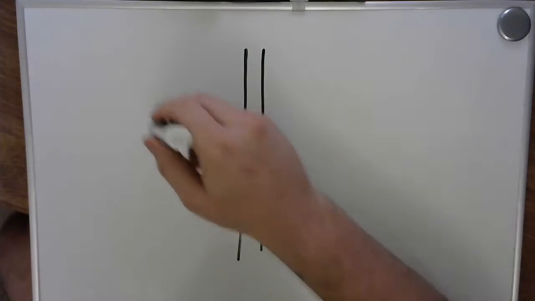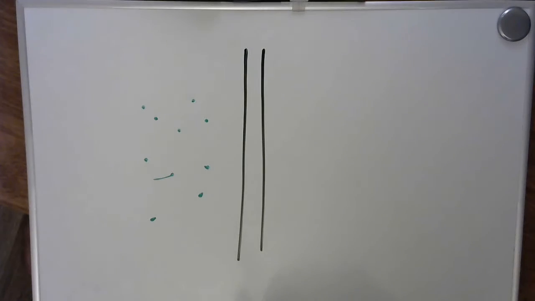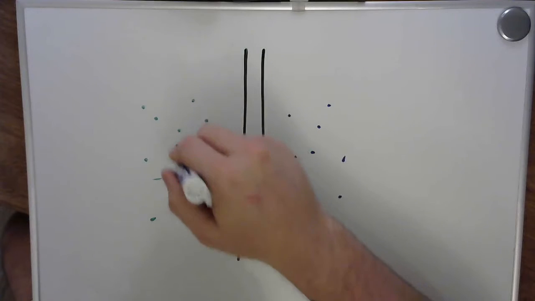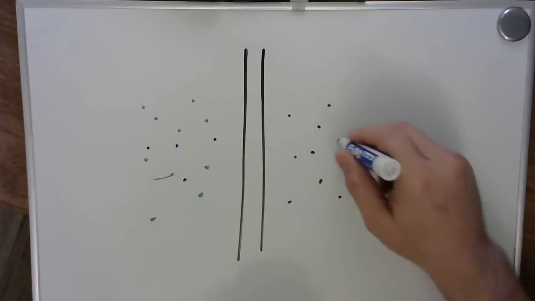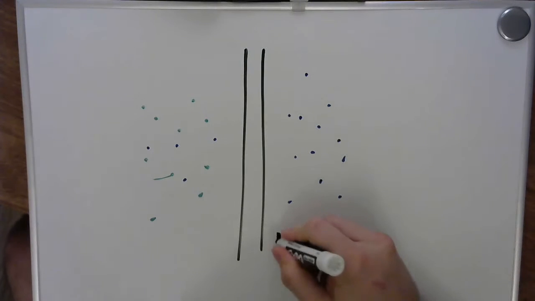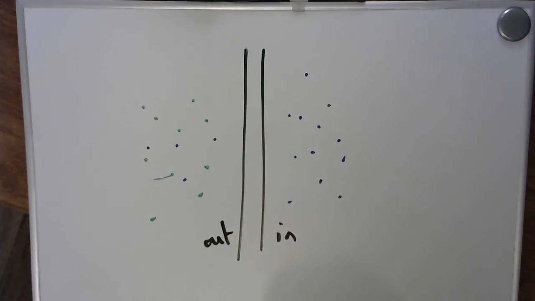You have one molecule type first, and then you have another molecule type. This one has some outside, but one more inside, and that would be the in and out of the cell. So when you look at it this way, you just want to take one molecule at a time.